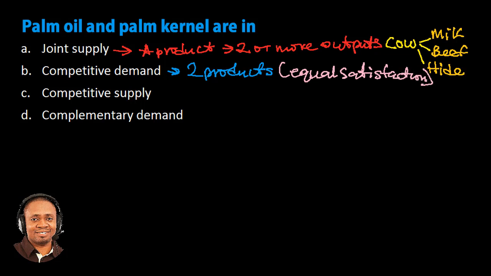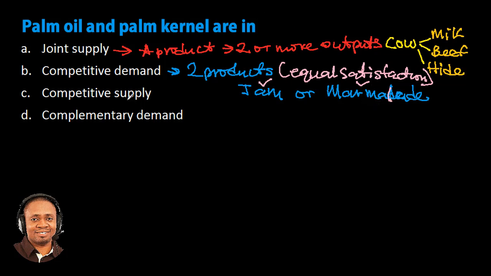Take for instance jam and marmalade. From these two products you can derive equal satisfaction. So if you take jam, you also derive the same satisfaction if you take marmalade.